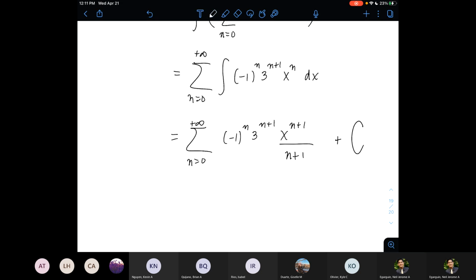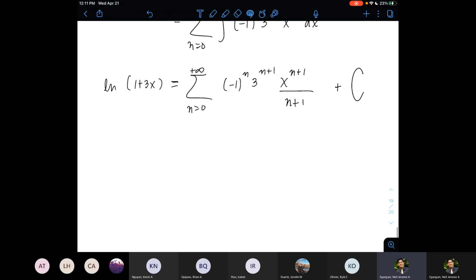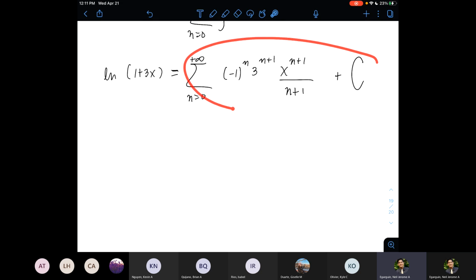All right. Now the last step is to find a value of c for this expansion, because what we have here is this. So far, we know that ln of 1 plus 3x is equal to this summation over here. But what's left to be done is to determine the value of c. Now to find the value of c, we want to choose x equals 0, and you will see why.